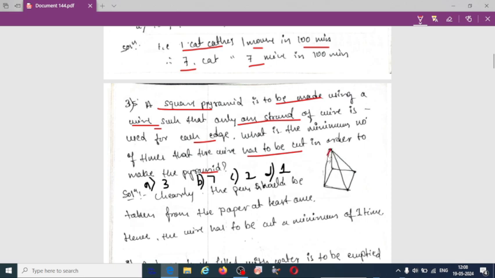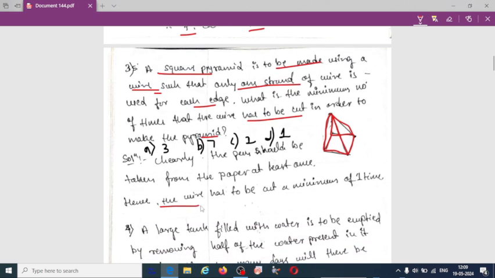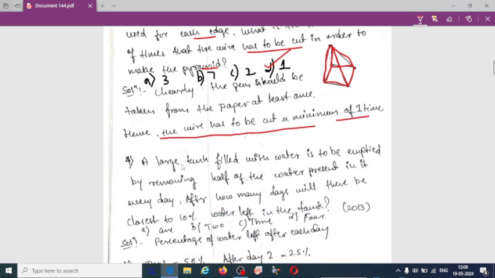If you draw the pyramid, you can see here how many times you have to lift the pen to complete it. Minimum you can lift 1 time here. Hence the wire has to be cut a minimum of 1 time. So option D is correct.